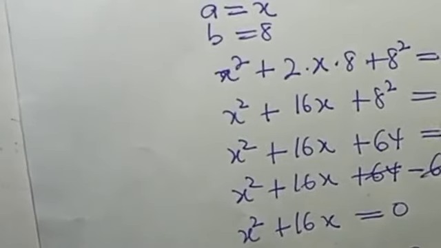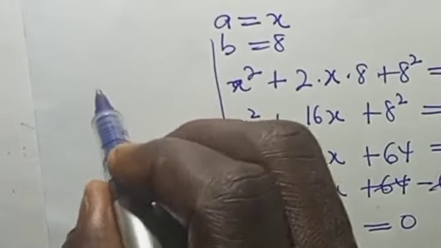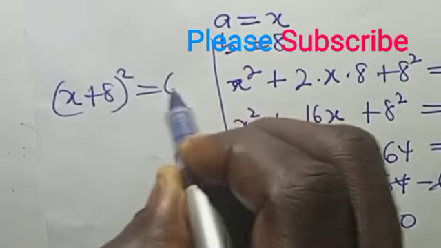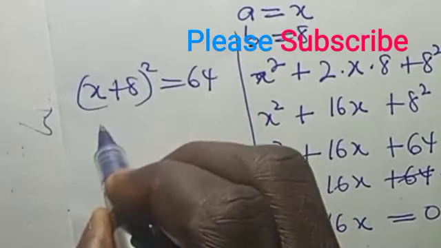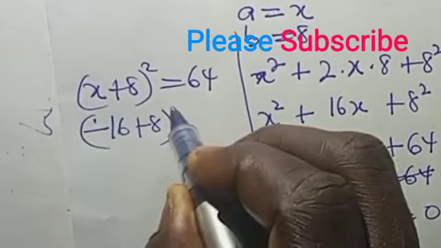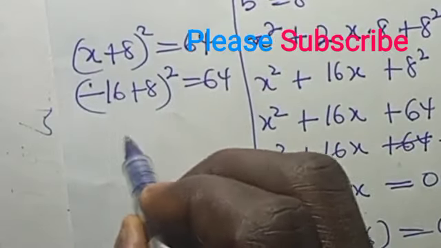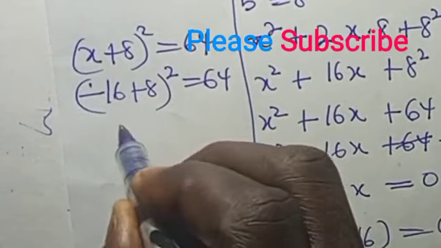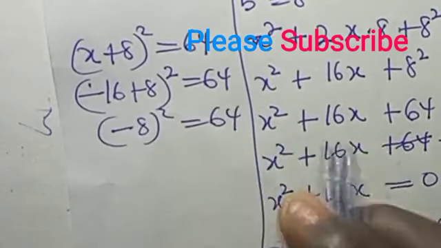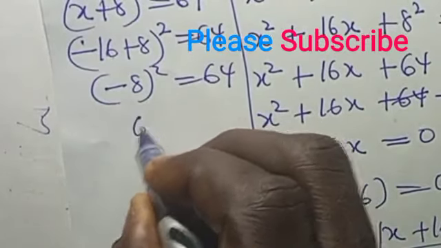For our second value, (x + 8)^2 = 64. (-16 + 8)^2 = 64. -16 + 8, that is (-8)^2 = 64. (-8)^2 is 64.